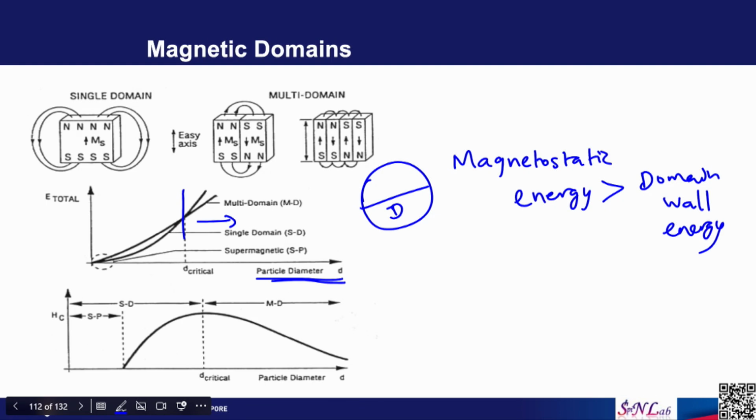So in that case, this particle will not have a single domain, it will have many domains. It will form multi domains.